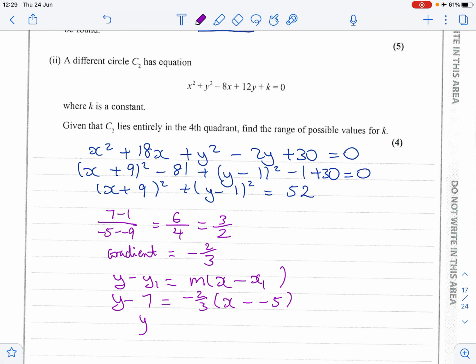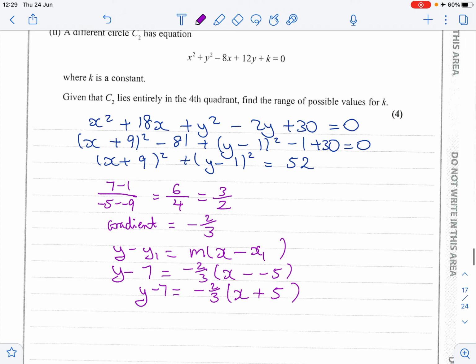So y minus 7 is equal to minus 2/3 (x plus 5).